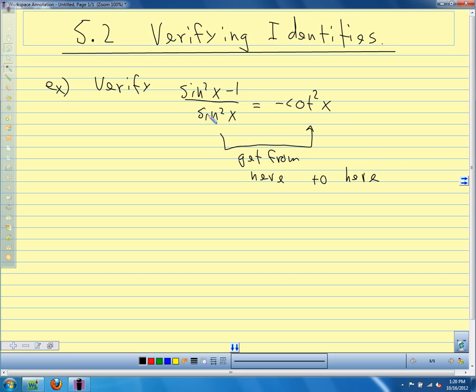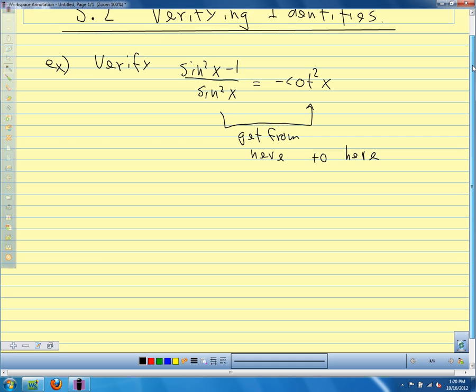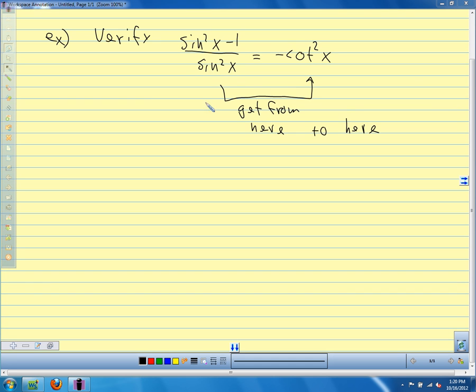So today I'm going to go through a bunch of examples of how I work these identities, showing how we can get from one thing to another. On this one, I'm going to work on the left side. It's the most complicated side. It gives me more places to work.